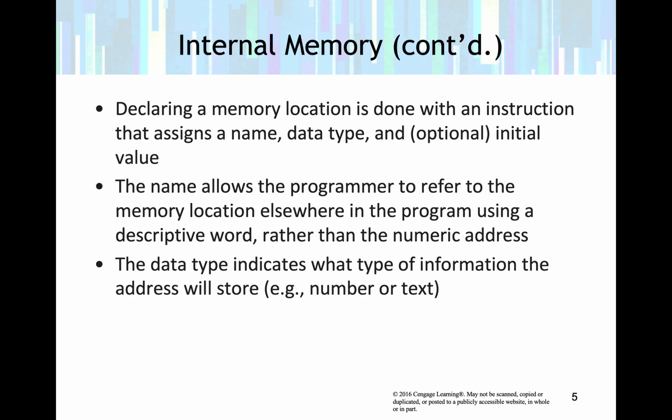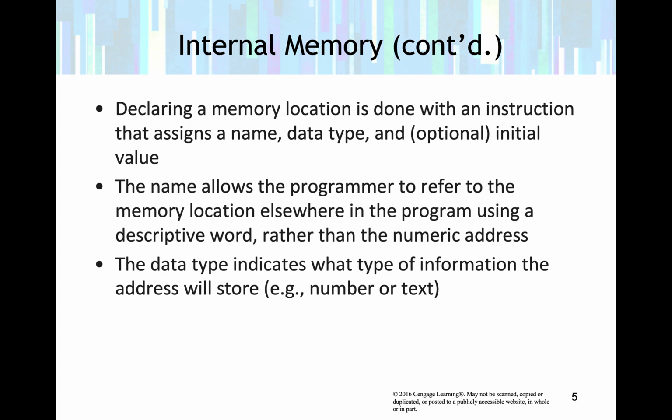And then the last bullet says the data type of our variable indicates what type of information the address is going to store. So the data type is going to say, well, cost is a number that has a decimal, so I'm going to have to define it as a double data type because it has decimals. My number is going to be a whole number, like an age.